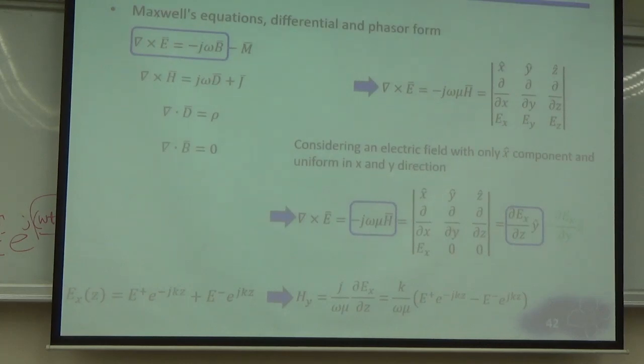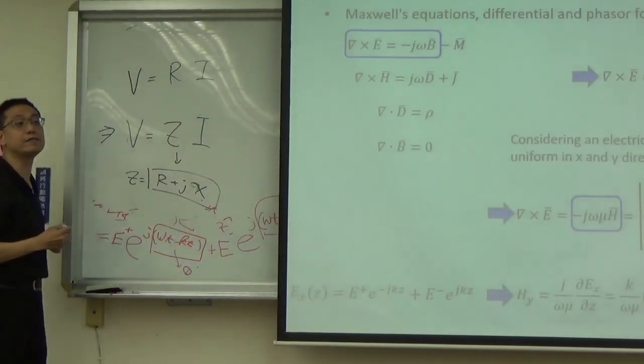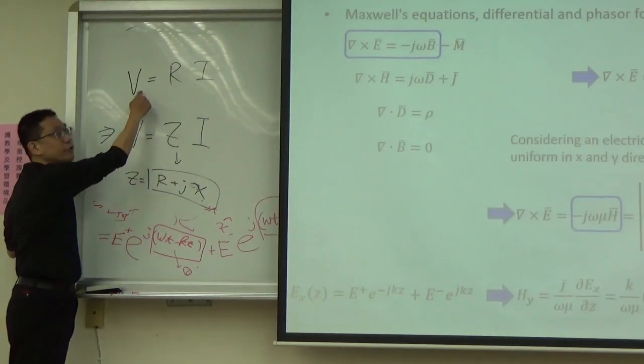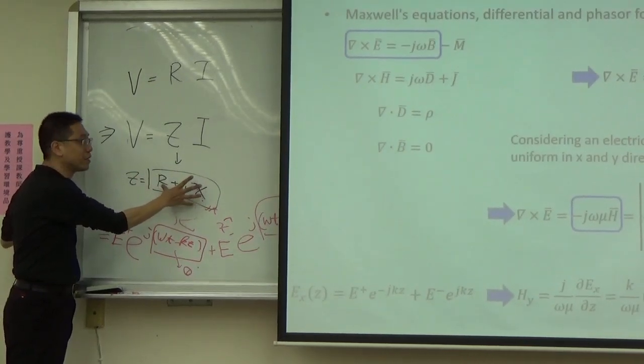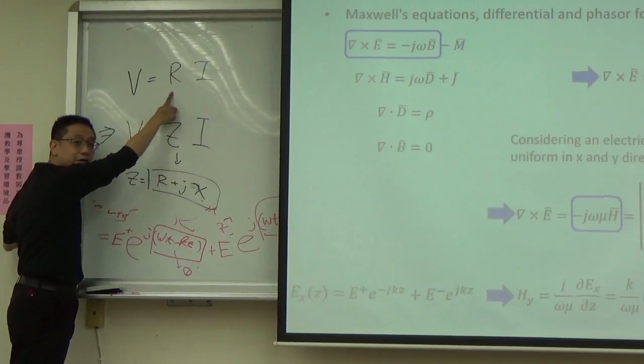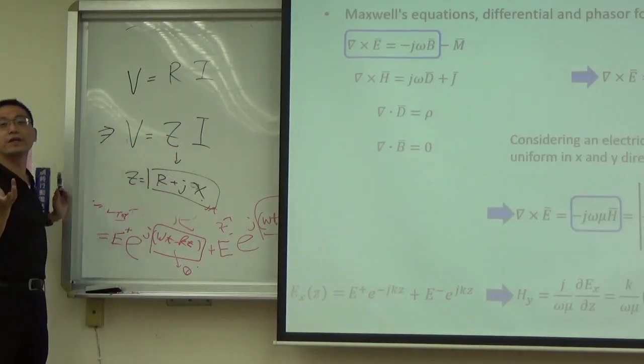Because we need a complex impedance to describe the phase of voltage and current. So we will need Z equals R plus jX, if that is AC. If this is DC, we use this one. If this is AC, we need complex impedance. We call this impedance. And this is only resistance. This is only the real part of the impedance. Okay? This is the impedance of the circuit.